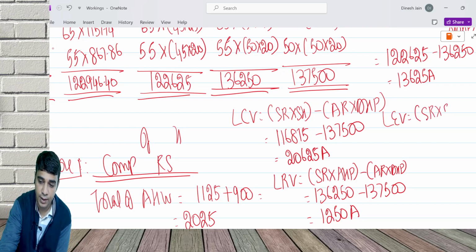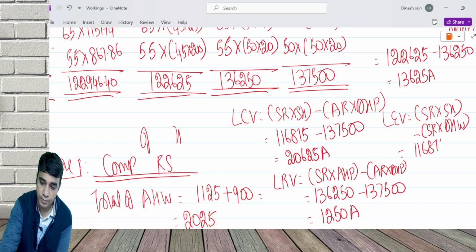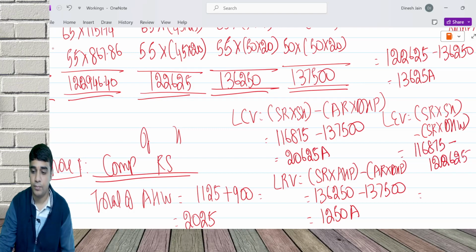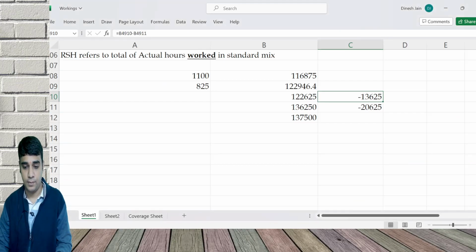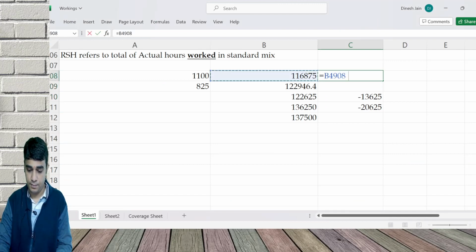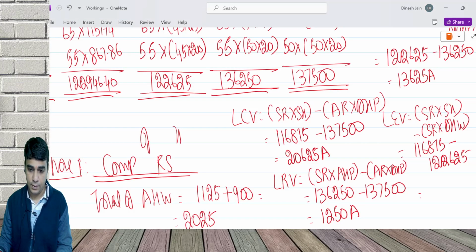Efficiency is SR into SH minus SR into AHW. 5750 adverse.